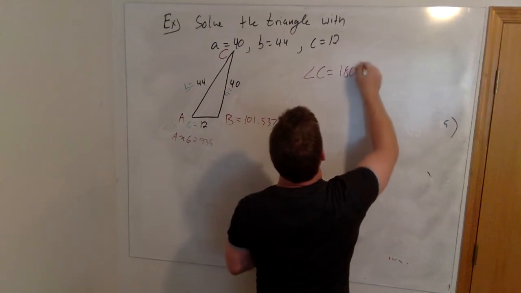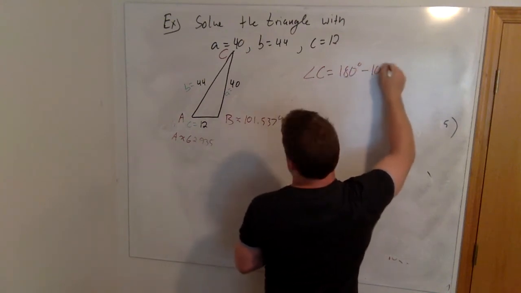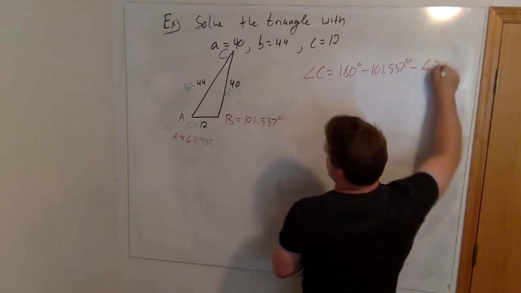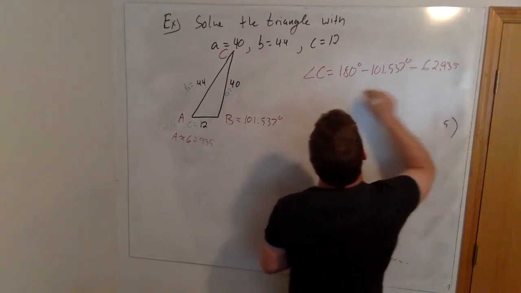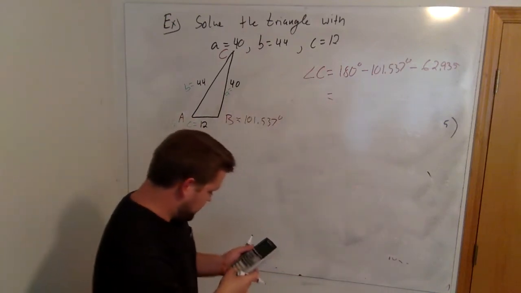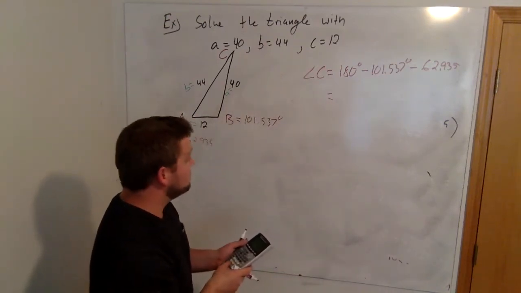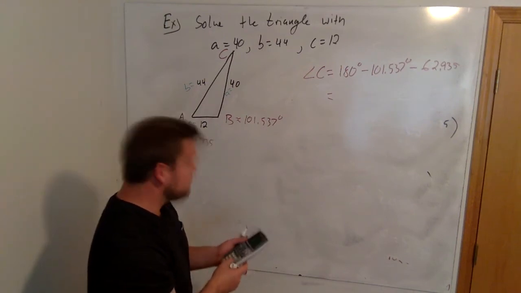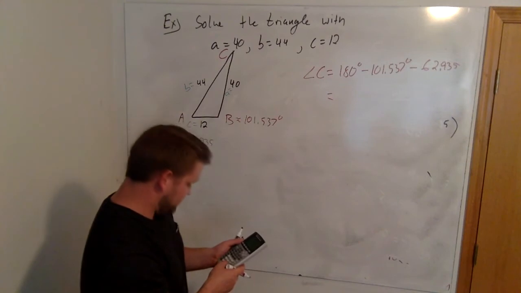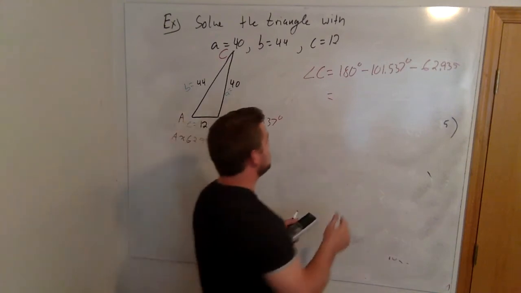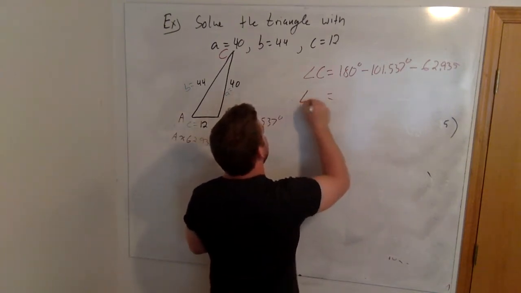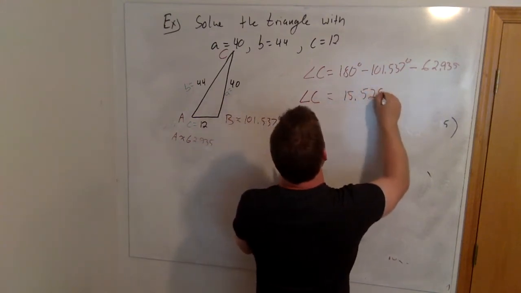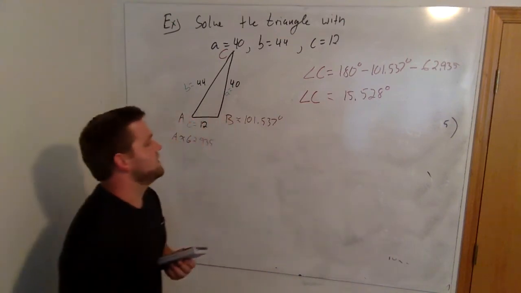So if I take 180 degrees and subtract off 101.537 degrees and 62.935 degrees, let's see what we get. 180 minus 101.537 minus 62.935, we get that angle C will be equal to 15.528 degrees. And this is the answer.